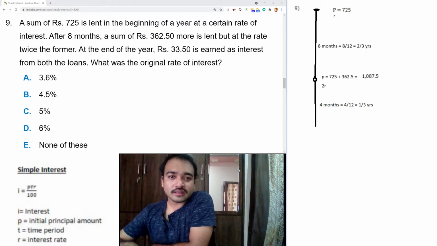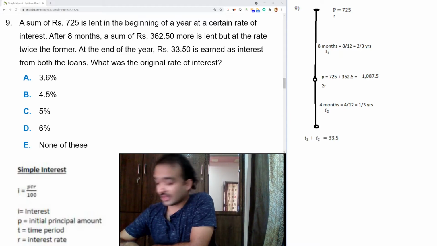At the end of the year, 33.5 is earned as interest. Let us assume for the first 8 months, I1 is the interest, and for the next 4 months, I2 is the interest. So total I1 plus I2 is equal to 33.5.